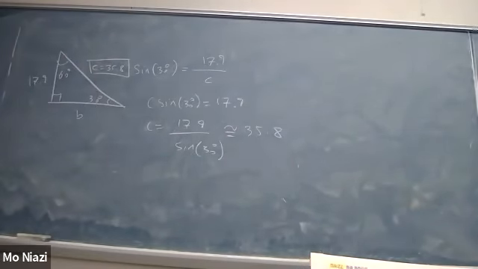Let's find out what those angles are. 32 over here, and that's 24. Okay, find little b, little c, and capital B, because we don't know what this angle is.